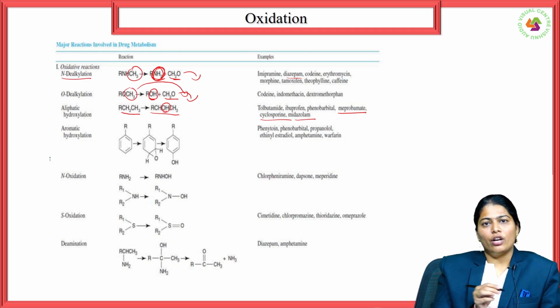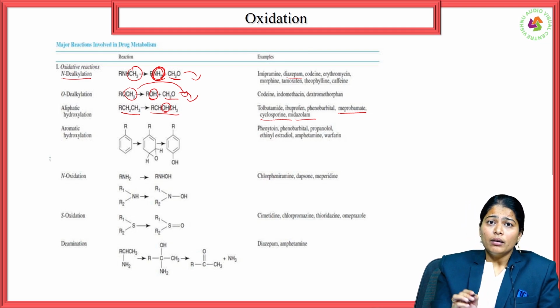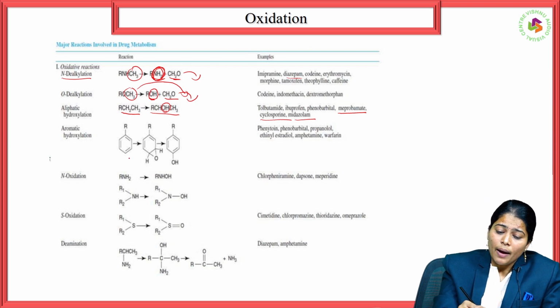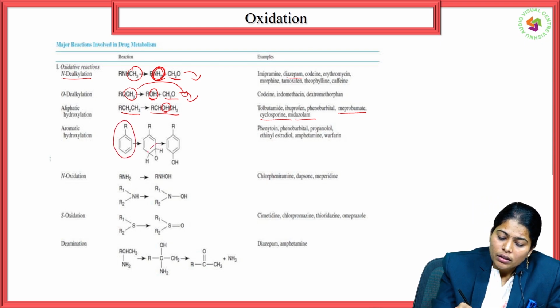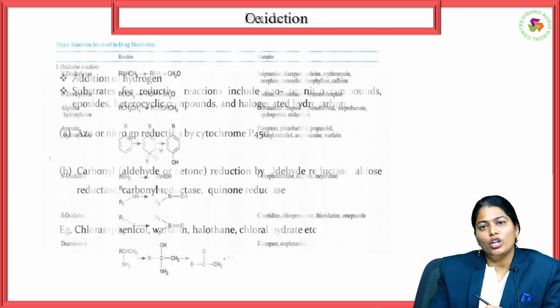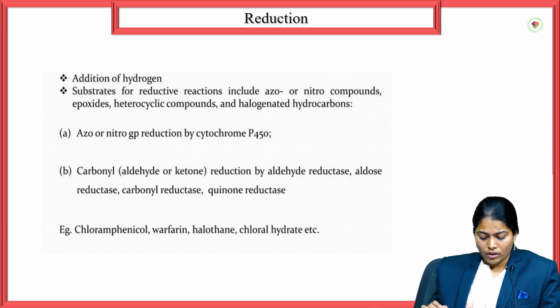So next, aromatic hydroxylation, mean to say the components which are attached to the benzene ring, aromatic ring. See here, this component converts into a water soluble molecule by the addition of an OH group.